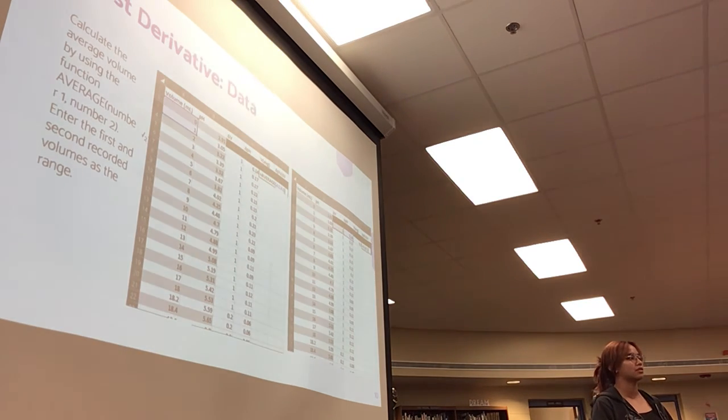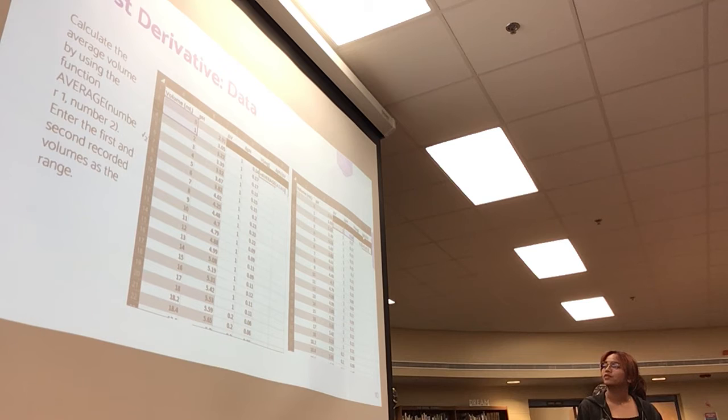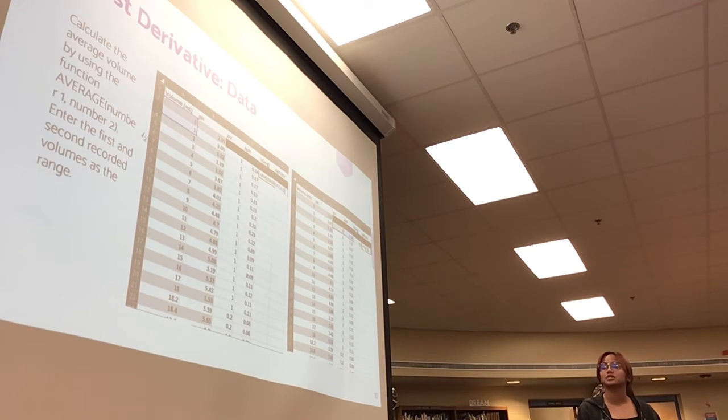It's basically the range in which you want your average to be computed. For this, we're just doing the first two, obviously, because we're finding the average volume between the two cell increments, as I said. And then for your instantaneous slopes, you're just going to use the data that you had previously copied the formatting to, and enter the formula that corresponds with your data using the cells that you already have.